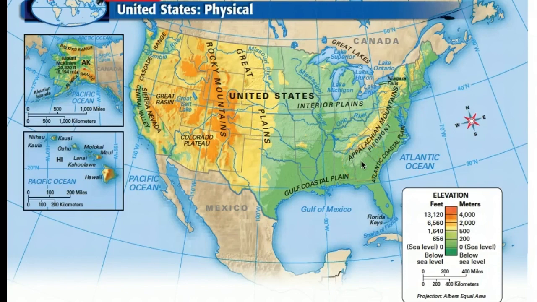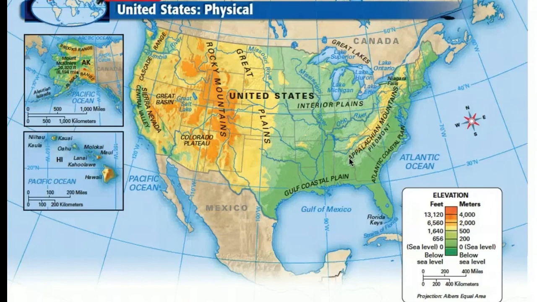The major mountain range in the East is the Appalachian Mountains. It is a very old range, as millions of years of erosion have smoothed out its peaks. The highest mountain in this range is only 6,700 feet.